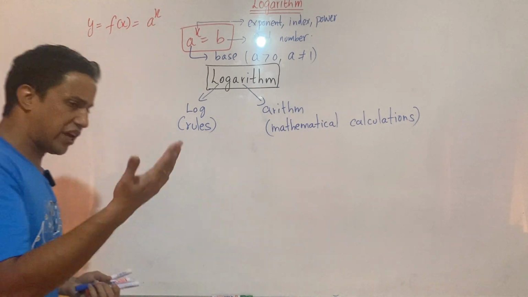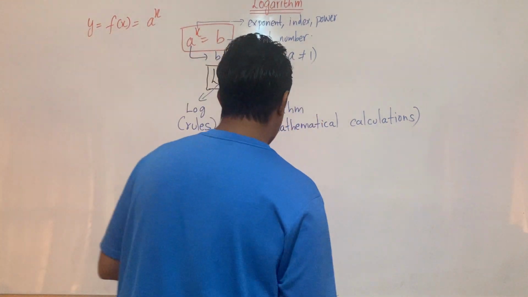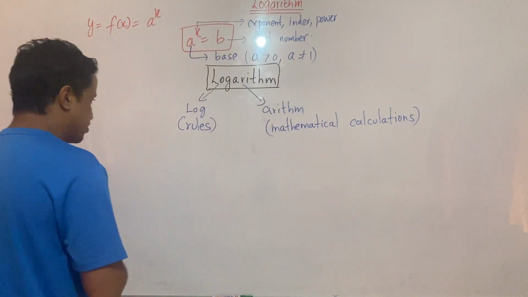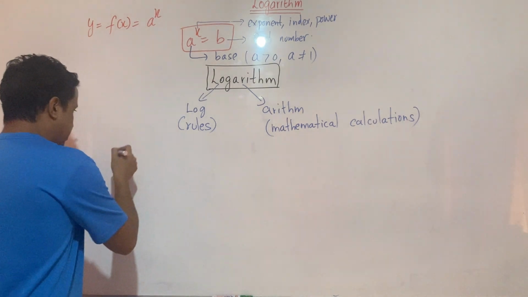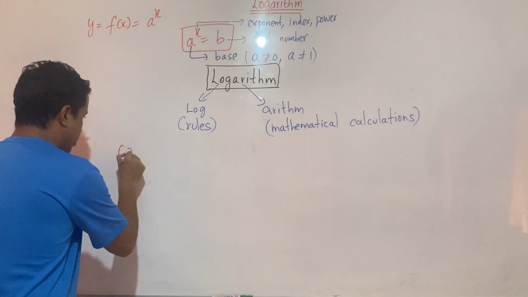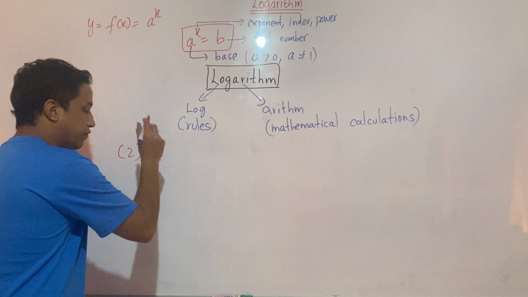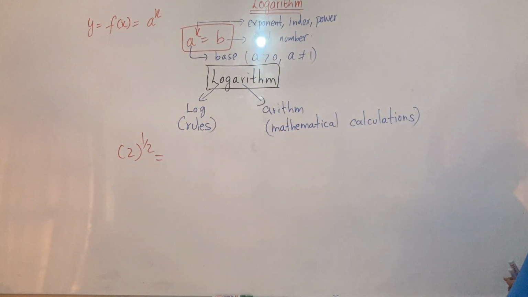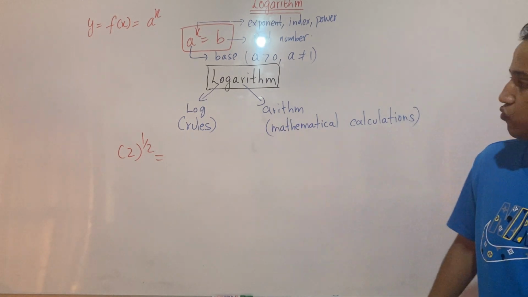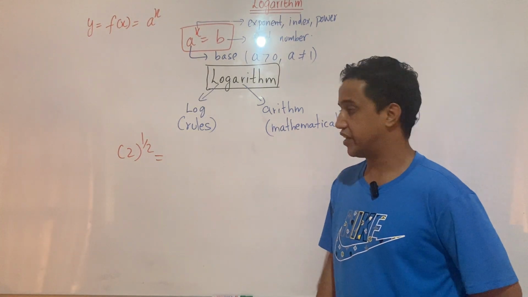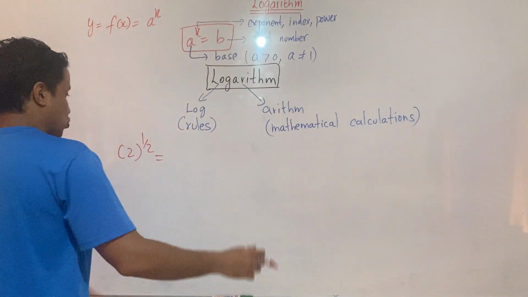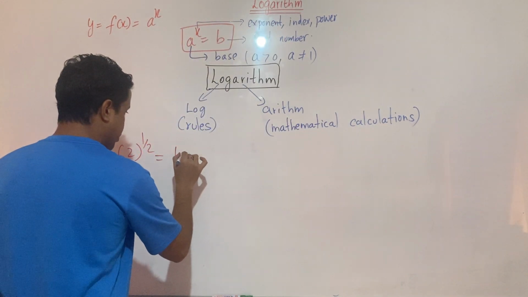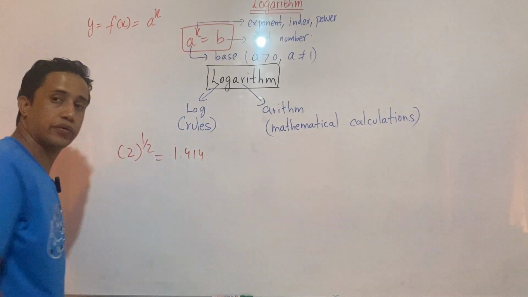If I ask you a simple question, what's the square root of 2? Your answer would be, it's easy, it's going to be 1.414, right?